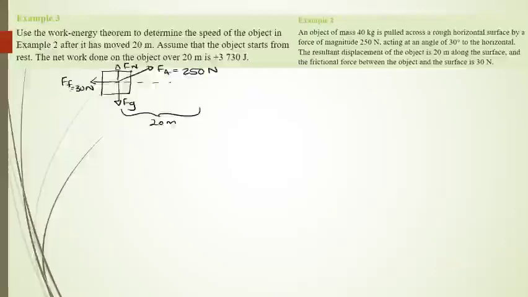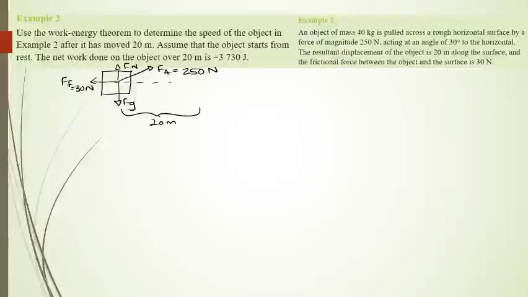So example 3 says, use the work-energy theorem to determine the speed of the object in example 2 after it has moved 20 meters. Assume that the object starts from rest and the net work done on the object over 20 meters is 3,730 joules.